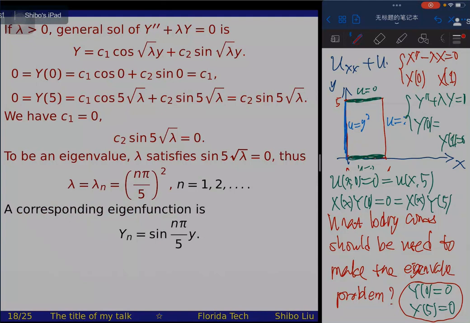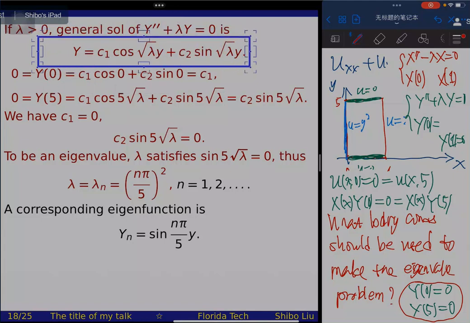Okay, and then correspondingly the eigenfunction is Y_n. Why is this Y_n? Look at the expression for capital Y here. Because C1 is 0, the solution for the eigenvalue problem, that is our eigenfunction, is sine of square root of lambda times y. But the square root of lambda_n is n pi over phi.